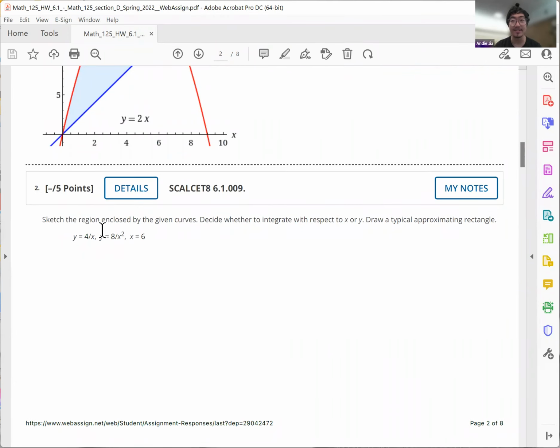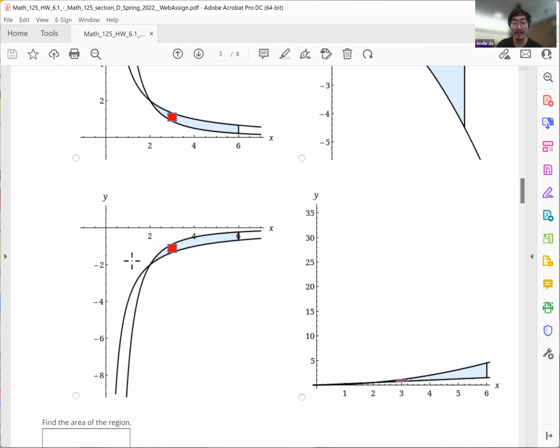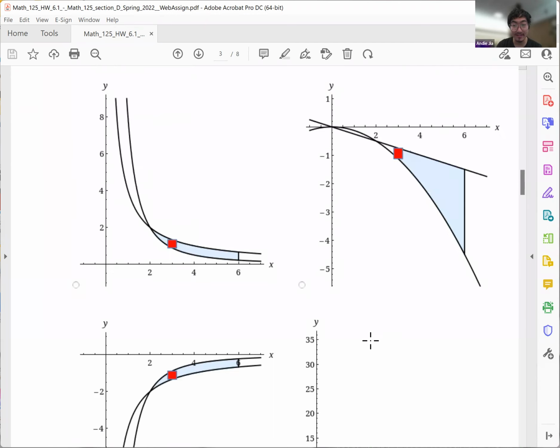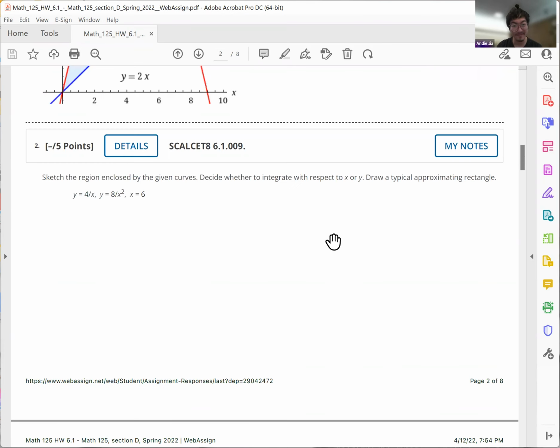The behavior of the function is in the first quadrant, and in the third quadrant it's going to be negative. With x equal to 6, this means the area bounded is in the first quadrant, because x equal to 6 is not from the third quadrant, so we eliminate that. Then we plug in the value to find the intersection.